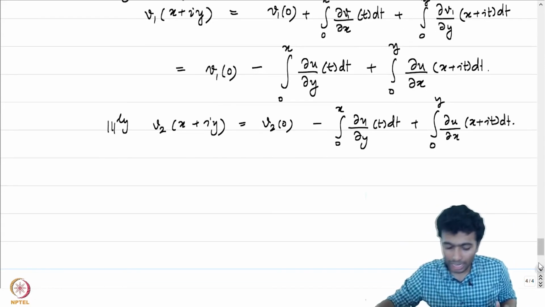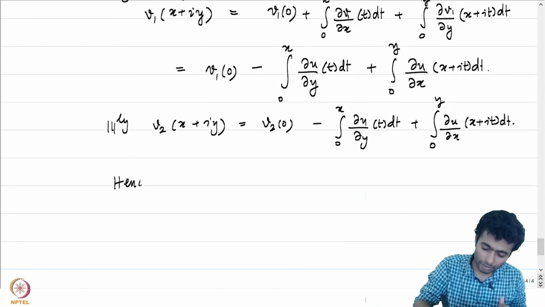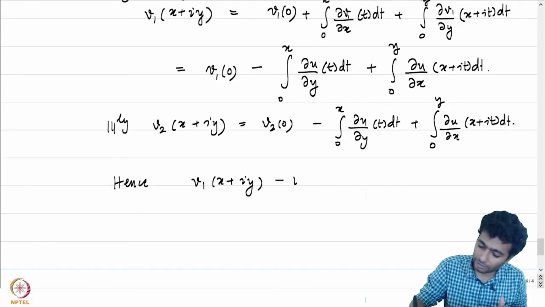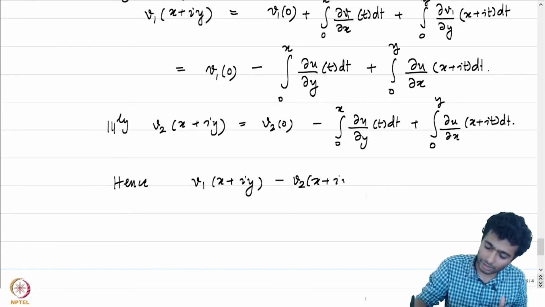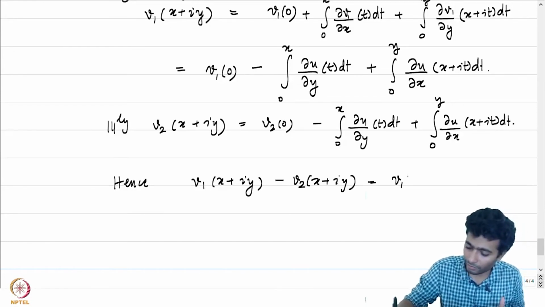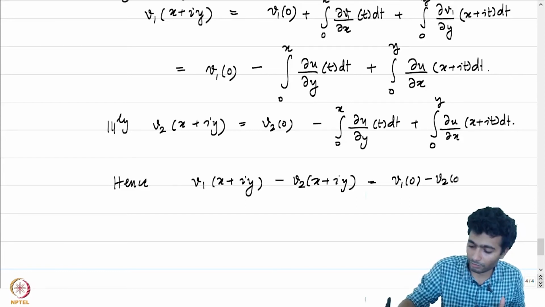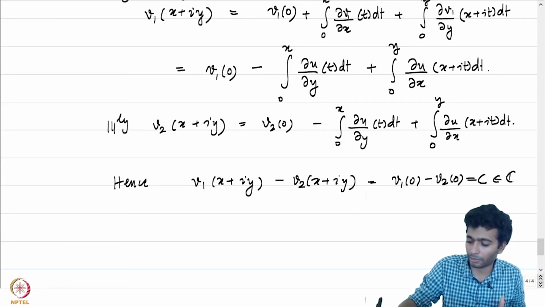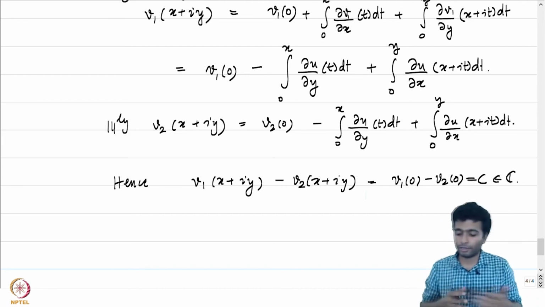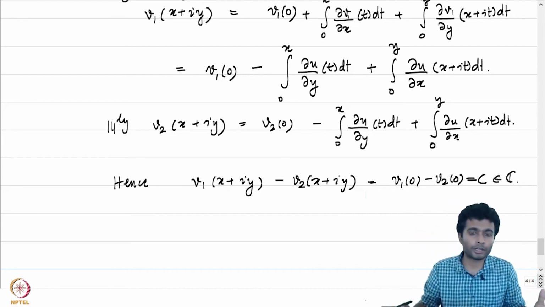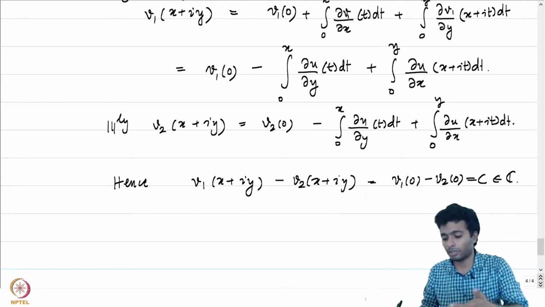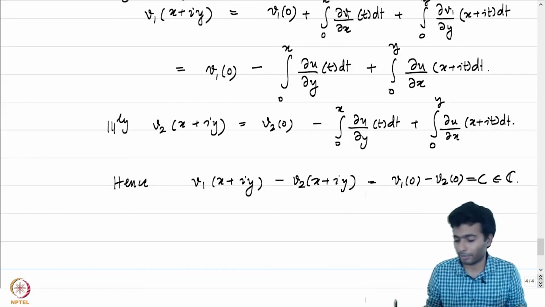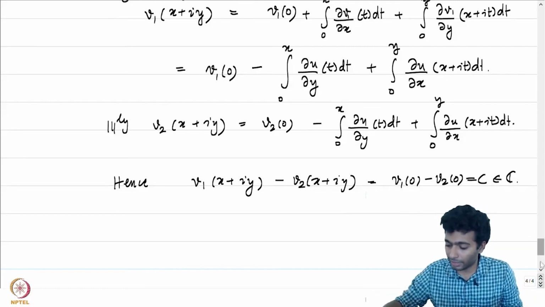And hence, v1 of x plus iy minus v2 of x plus iy is just going to be equal to v1 of 0 minus v2 of 0, which is some constant belonging to C. And therefore, if you have two different harmonic conjugates to the same function u, the difference should necessarily be a constant. So we have shown the uniqueness part.